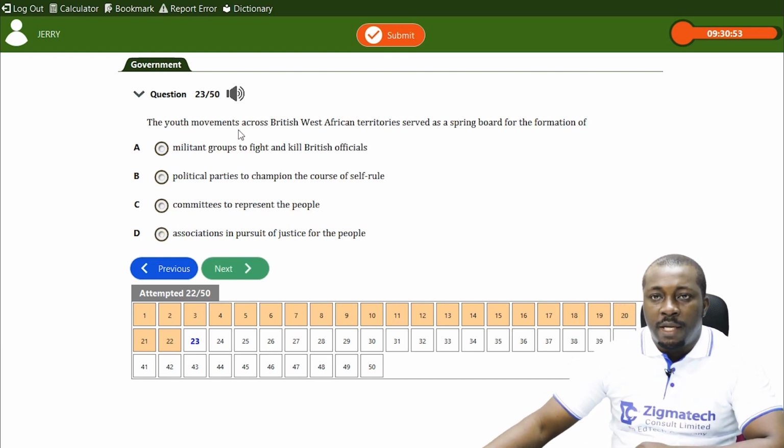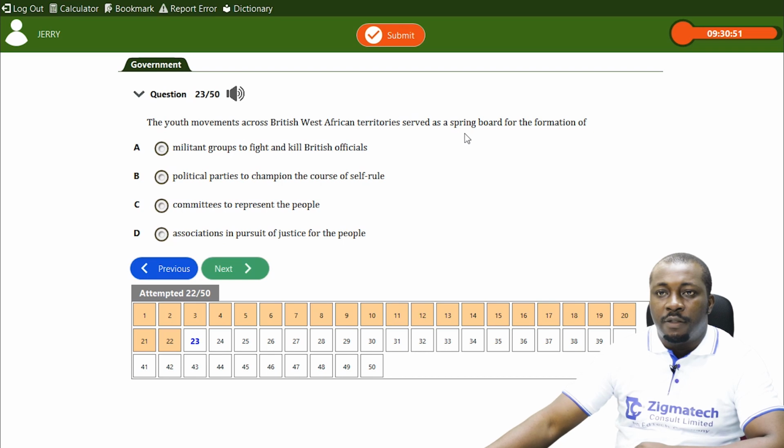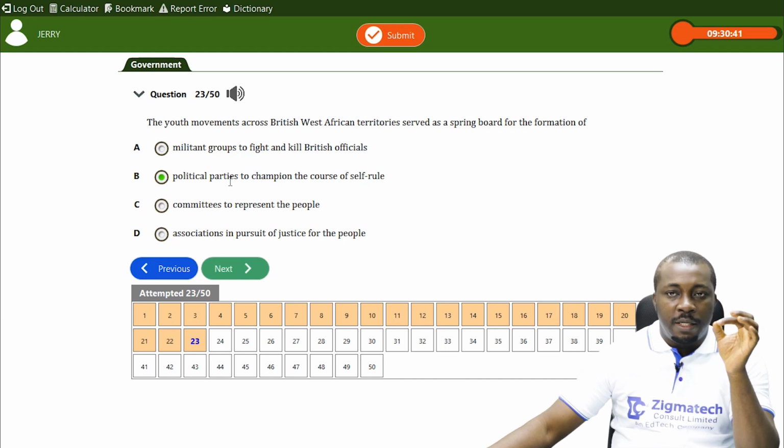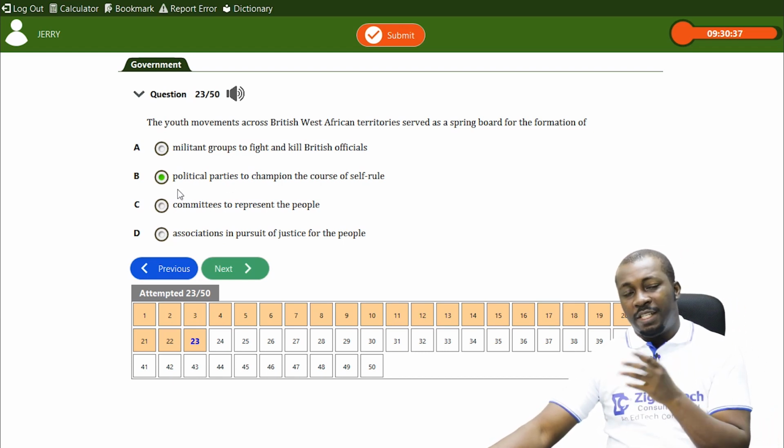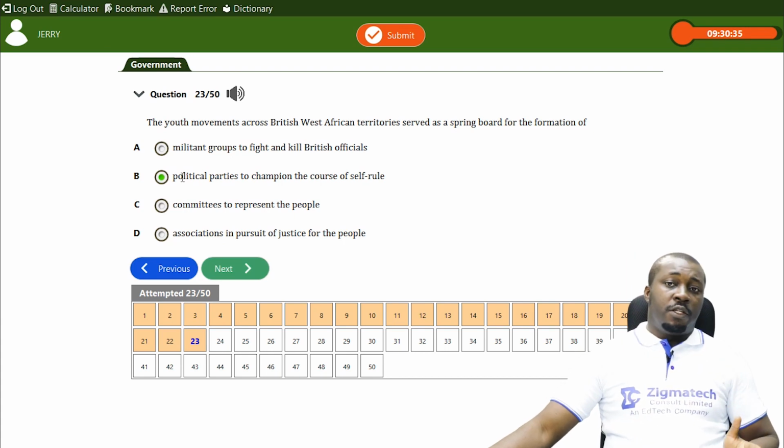Now, youth movements across British West African territories served as a springboard for the formation of political parties that championed the cause of self-rule. Now, youth movement, Lagos Youth Movement. This question tests your knowledge on the origin of political parties.